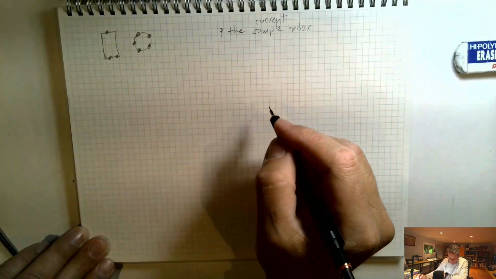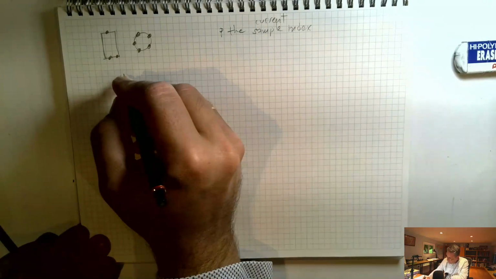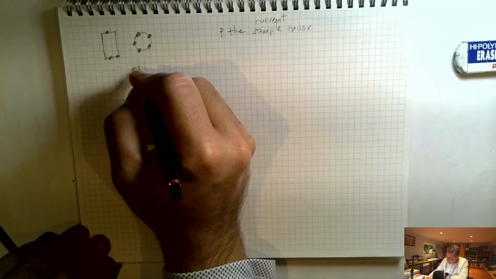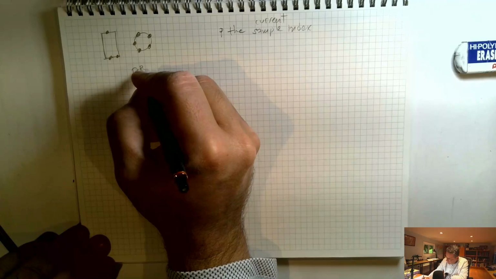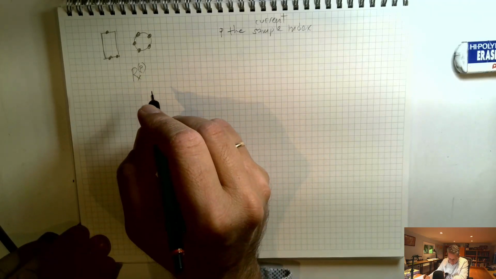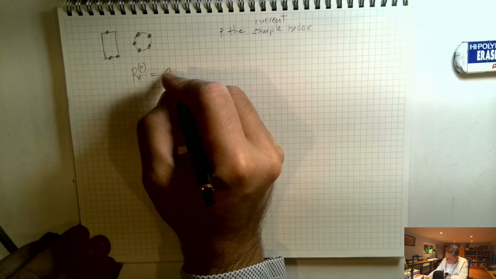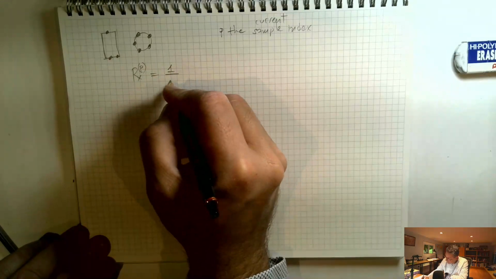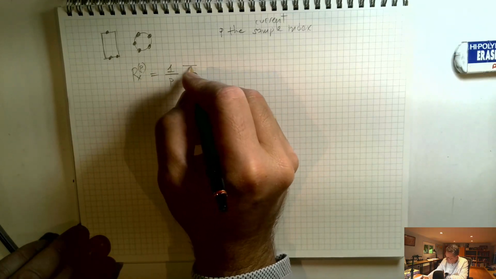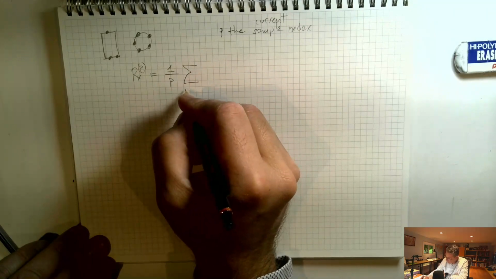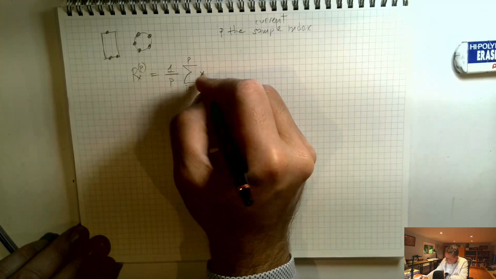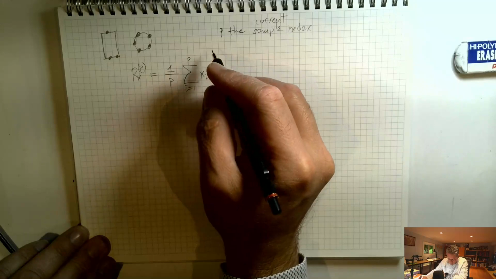And so I can have Rx, at this specific moment in time, written as 1 over P, a summation from i equal to 1 to P of x_i x_i transpose.